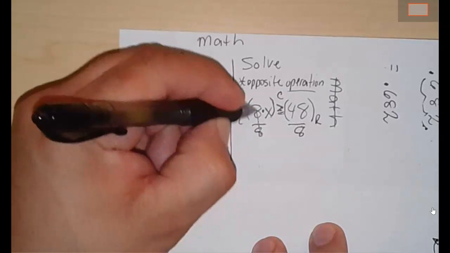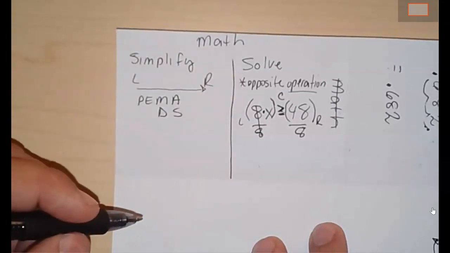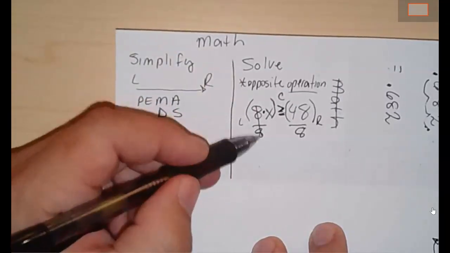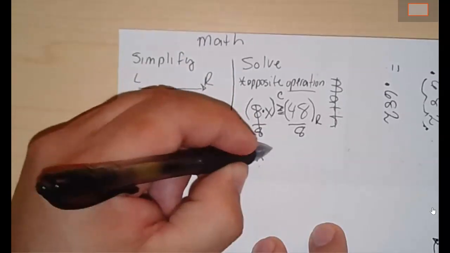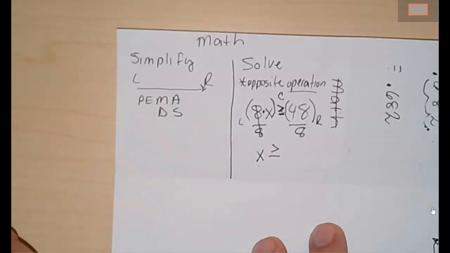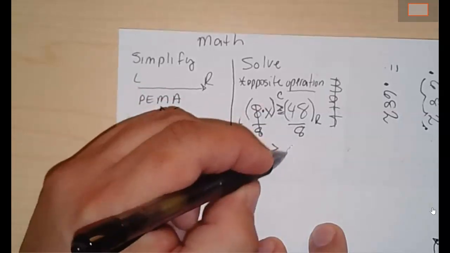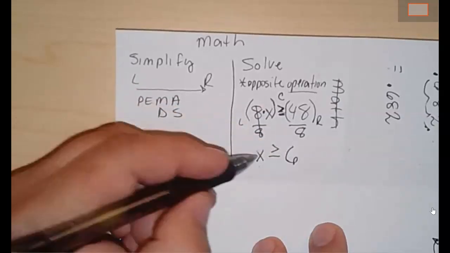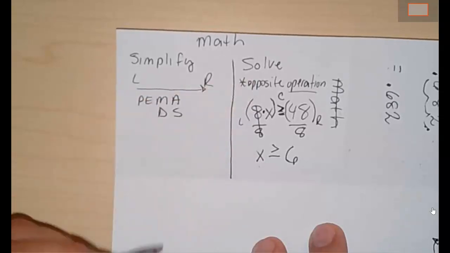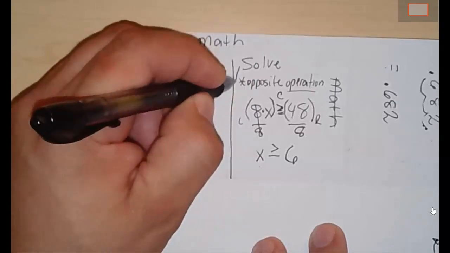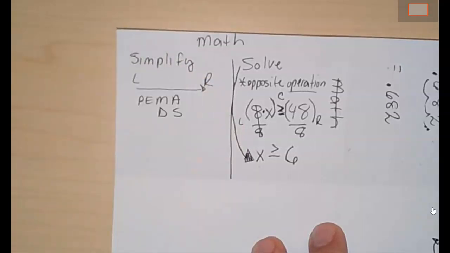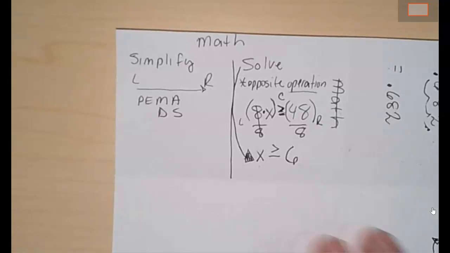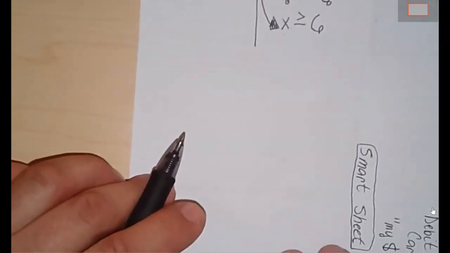Because they cancel, as long as it's the same value. So all we're left with is x. This is 6. And solve, like you guys know, means get the variable by itself. Alright, let's go to the next one.